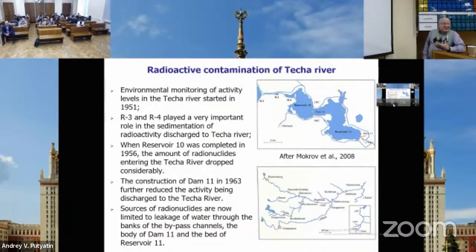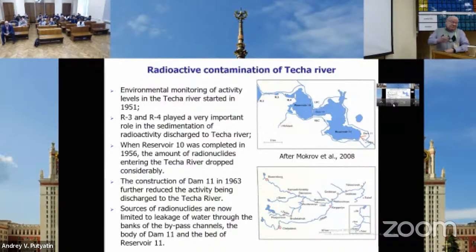And this is a threat for the people who are living on the Techa River, downstream of Mayak. In this case, Reservoirs 3 and 4 served as traps for the radionuclides because radionuclides deposited on the bottom, and to some extent this prevented the transport of radionuclides along the river.